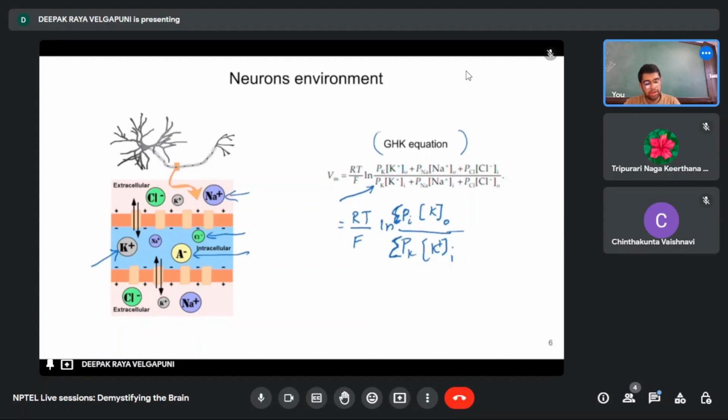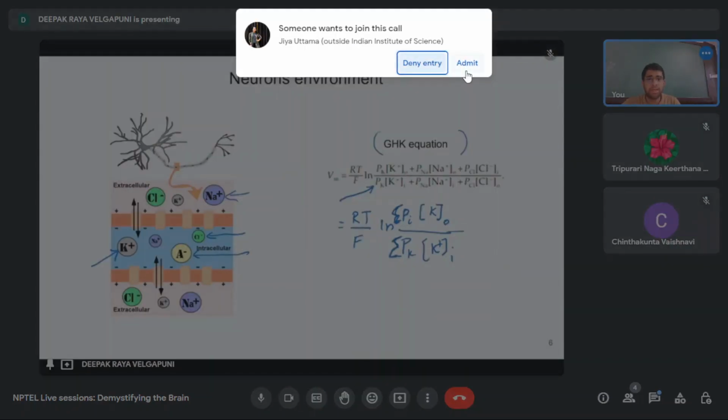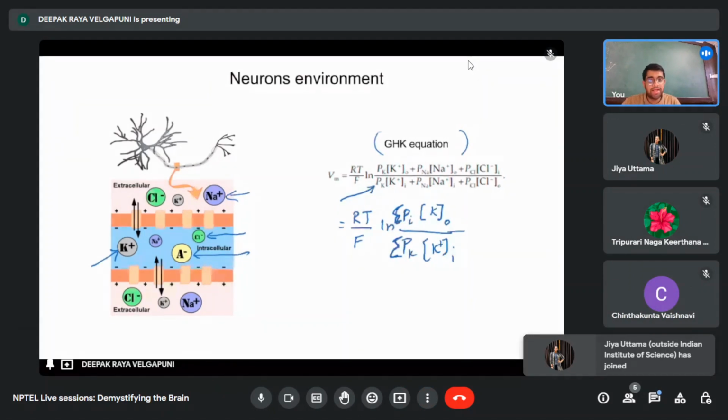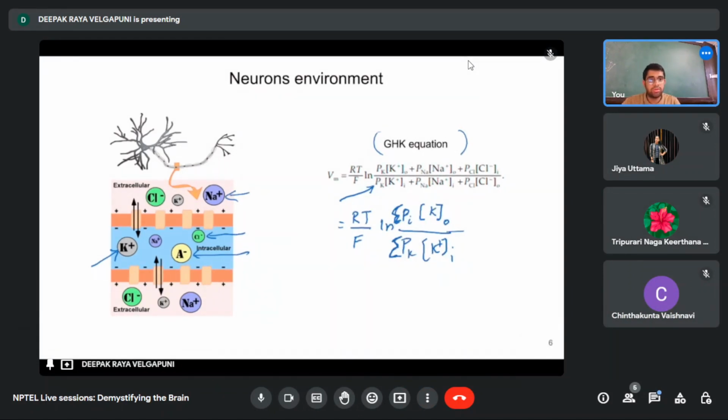Like if a higher number of K plus channels are open, the permeability is high compared to if a smaller number of Na plus channels are open. Therefore, with permeability and different ions, this equation gives the membrane potential, and this comes out to be around minus 70 millivolts.